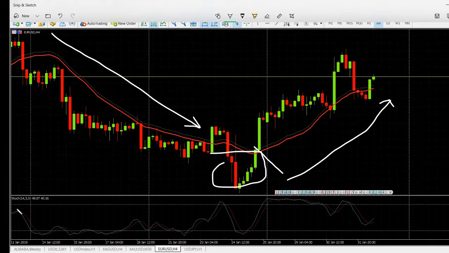For example, here when it changed, you could see it is under the moving average. So you are waiting for the sell, right? This is the sign that you have to wait for a nice time to sell.